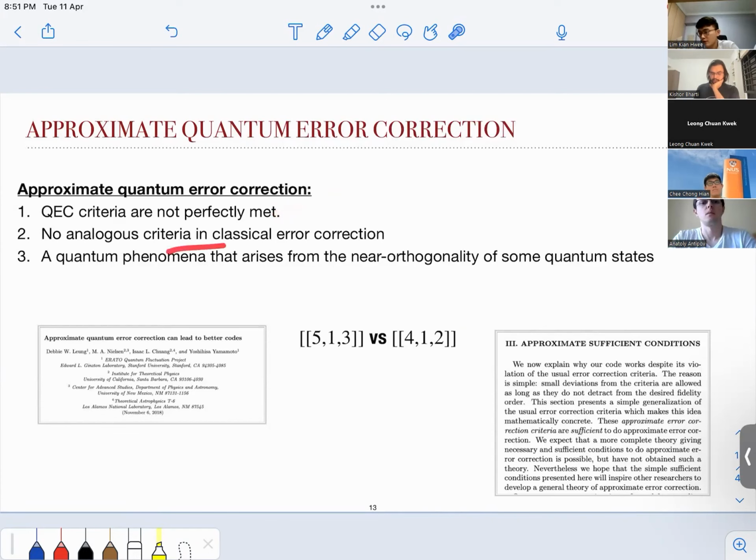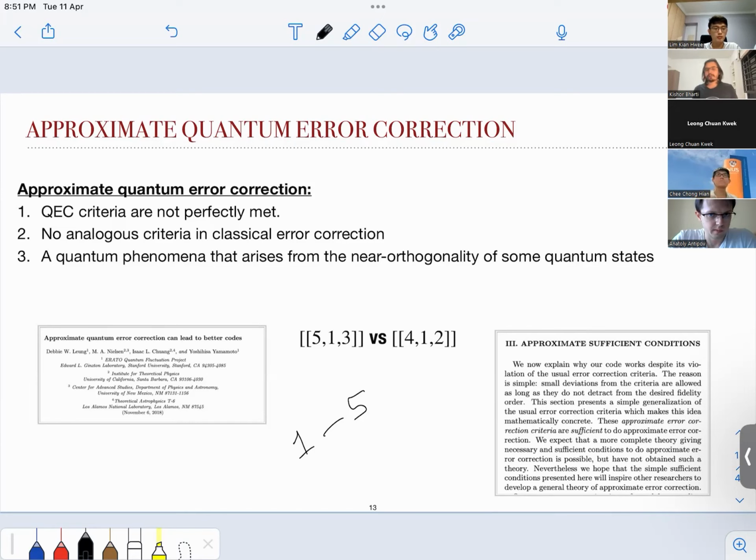There is no analogous definition in classical error correction. And why? Because quantum states need not be orthogonal, they can be nearly orthogonal. There was this very nice paper by Debbie Leung and others, where they proposed this notion of approximate quantum error correction. We know that if you have one qubit and want to encode it as a logical qubit, then you need 5 qubits, and the distance is 3.